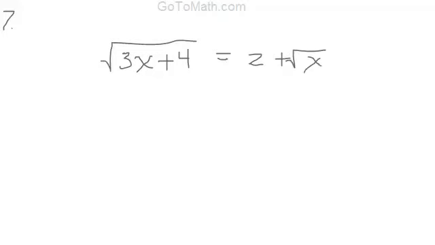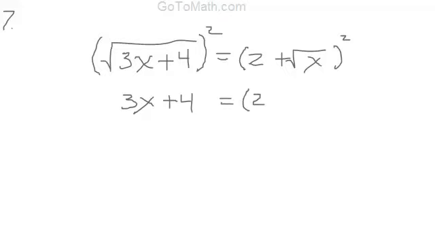So what we're going to do is square both sides. Instead of rewriting it, we'll just do it like this. Okay? So when we square, a square root goes away. And multiplying this out, I think we've been doing this in our heads the last few problems.